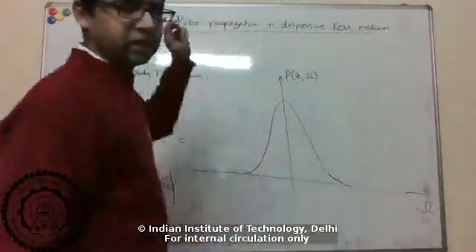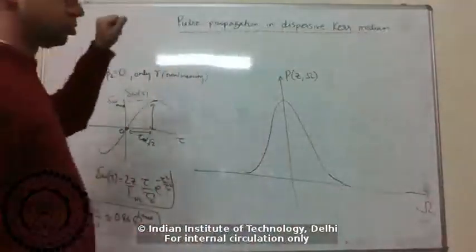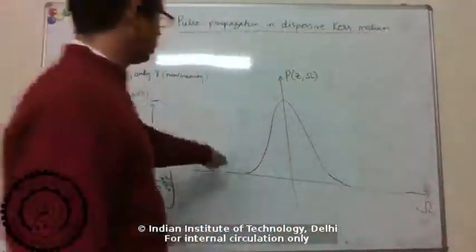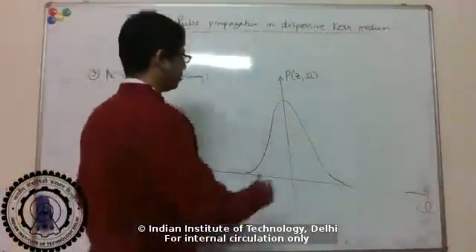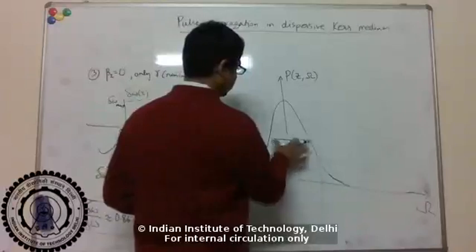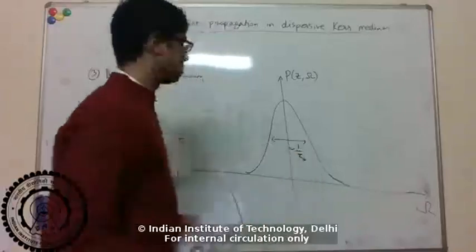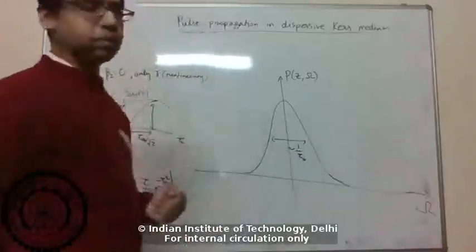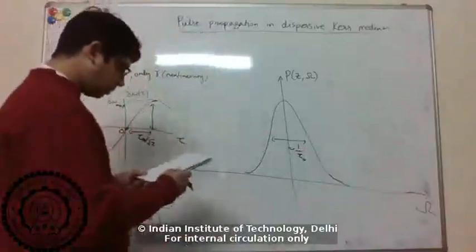Remember, in the dispersive case we saw that the input spectrum is also Gaussian, and the bandwidth is 1 over tau naught, where tau naught is the pulse width in time.